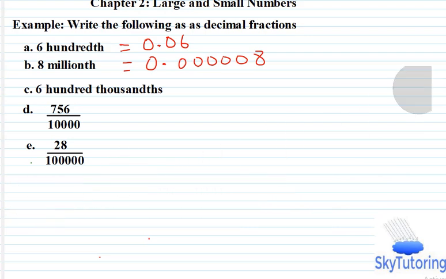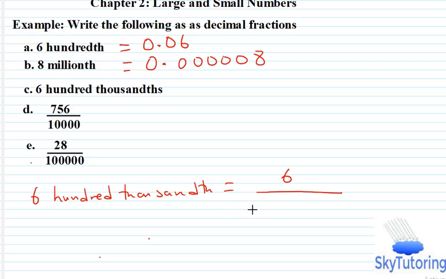Next example says 6 over 100,000. Which is the same thing as, I'm going to write my 6, and then I'll move 1, 2, 3, 4, 5 places to the left.